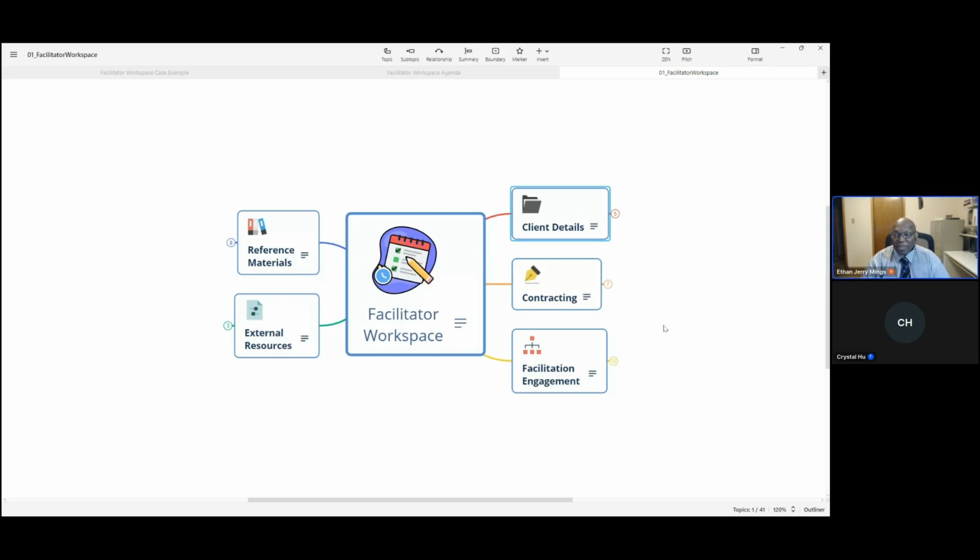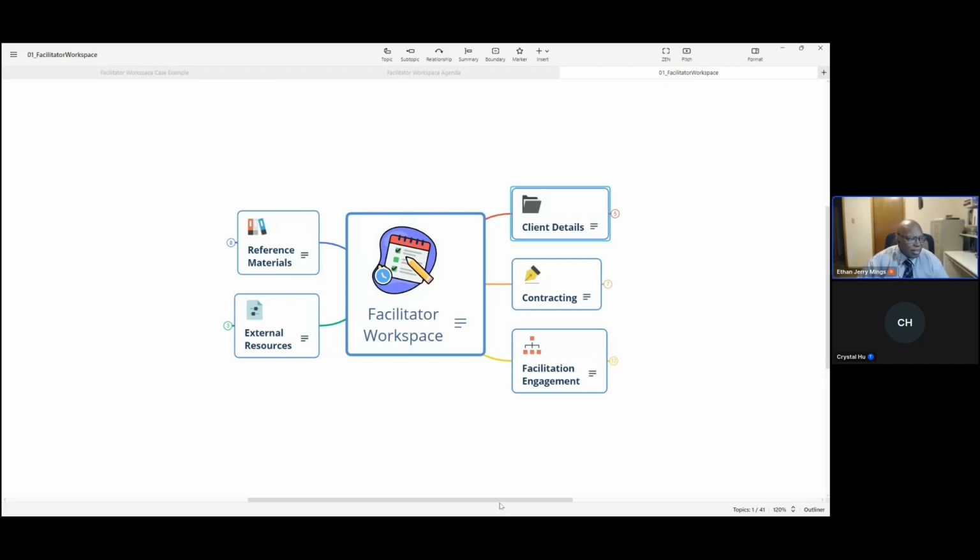Then there's the actual facilitation engagement work that needs to take place. Finally, there are sometimes external resources that you need that impact the work of the group. The client will tell you what these are, but you need to figure out what they could be, where they are, why they're important. And then finally, some references that guide your work as a facilitator working through the process.